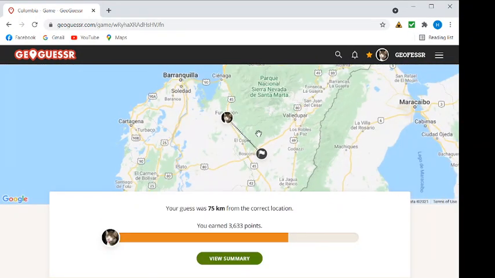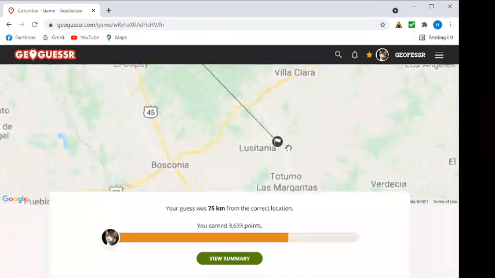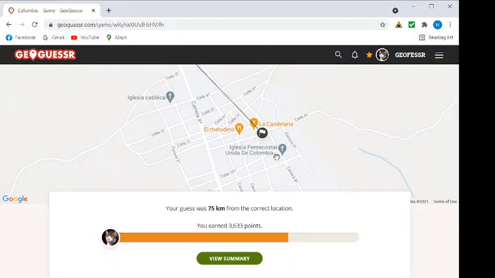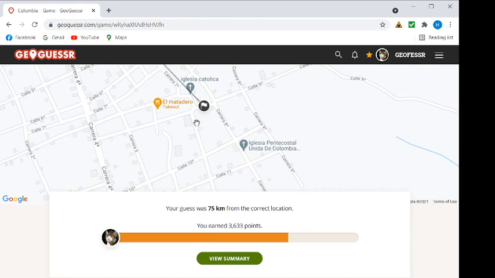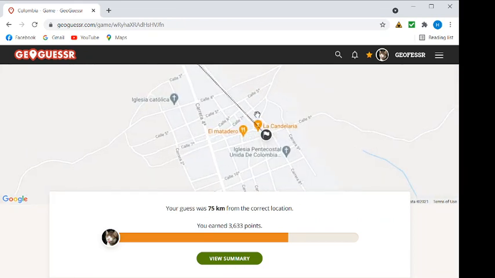Okay, so I was in the right part of the country, from the minimal clues that we had, right? That this was a really small place, what was it, Los Vendos, something like that. Yeah. So you can see this town marked on here is a Catholic church and a Pentecostal church.